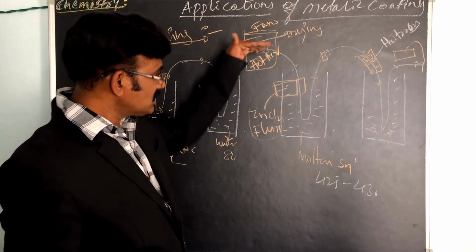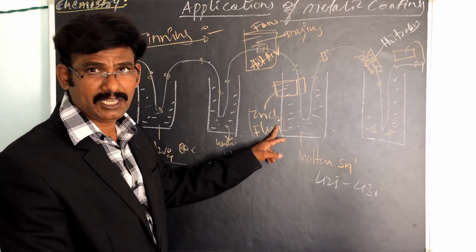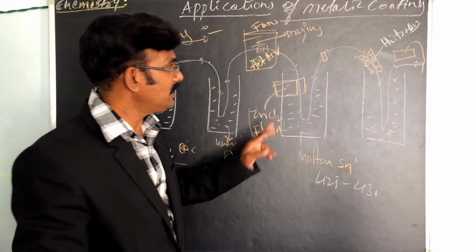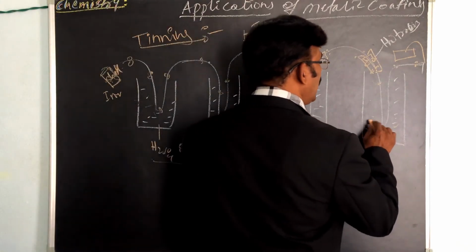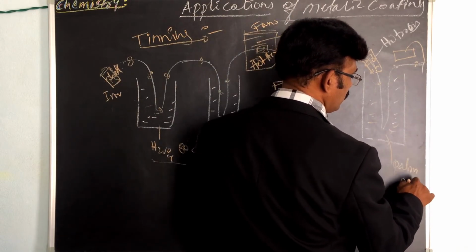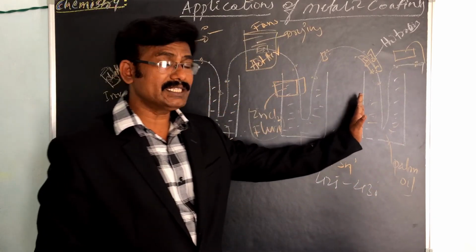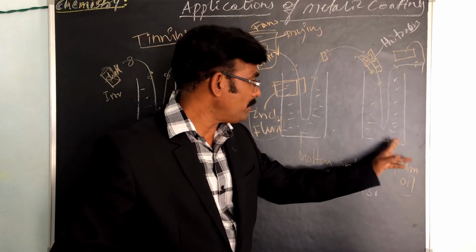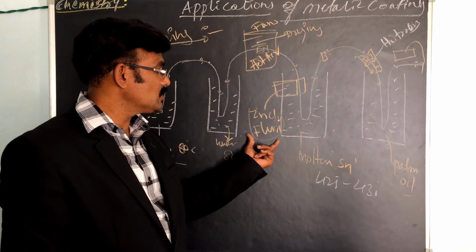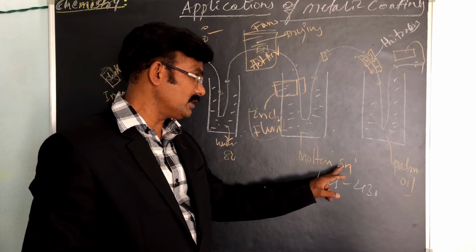The metal sheet is passed through the zinc chloride flux. Then here some oil, you have to use palm oil. So two things are different. The final tank is filled with palm oil, and the flux is used before entering the molten tin.